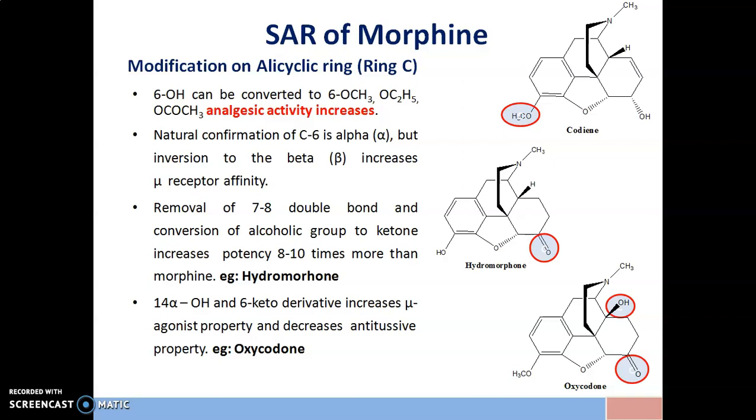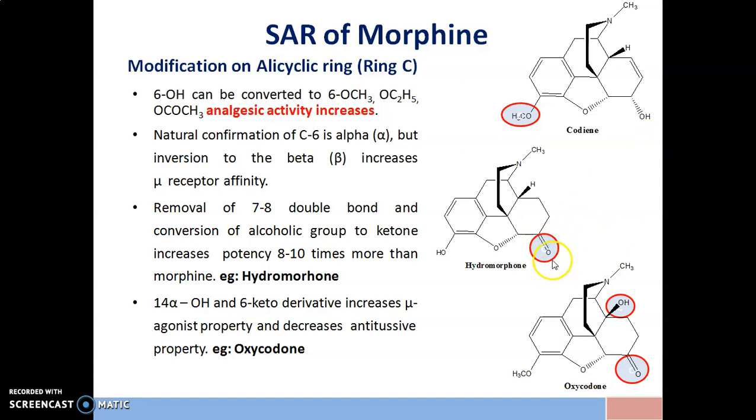The natural conformation of C6 is alpha, but inversion to beta increases the mu receptor affinity. Removal of the 7-8 double bond, and conversion of the alcoholic group to ketone increases the potency. Example is hydromorphone.